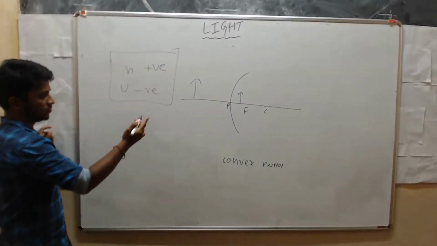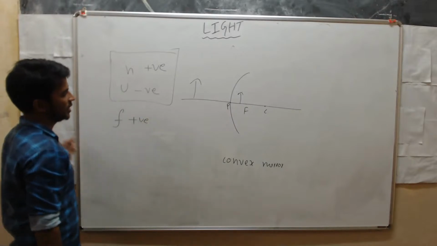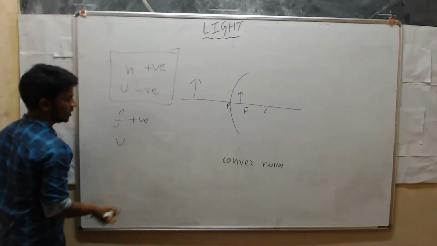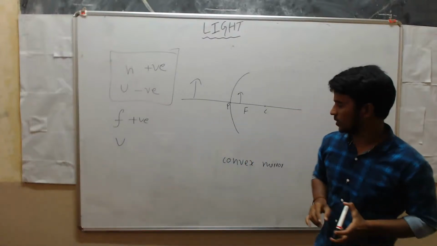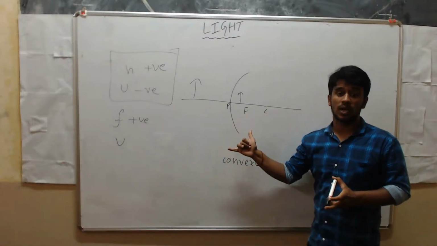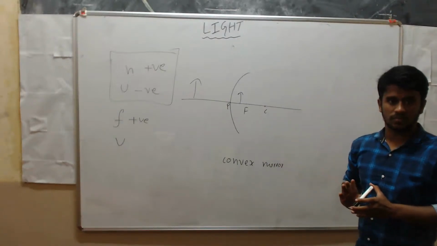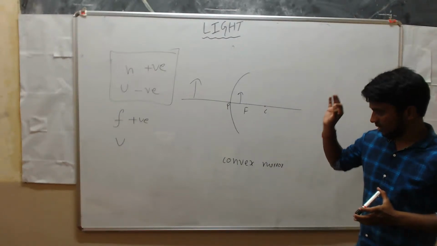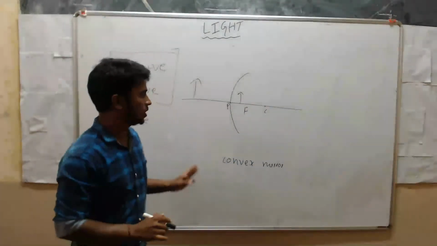Okay, next, the focal length of the convex mirror is positive. Next, the images formed by a convex mirror are always virtual and erect. Here you won't get real images. In the convex mirror, every time you will get only virtual images.